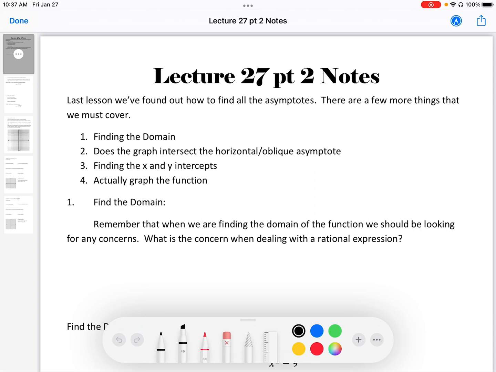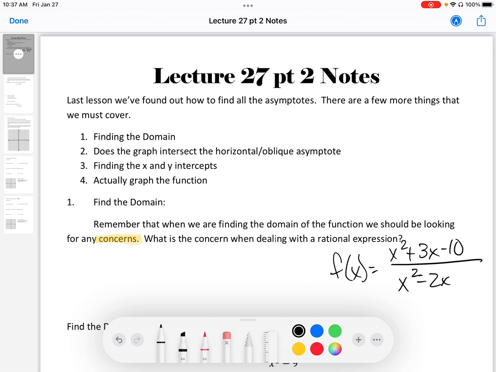Okay, so what do we need to remember about finding the domain? Well, when we're finding the domain, we should be looking for any concerns. So what is our concern when I am dealing with a rational expression? So f of x equals x squared plus 3x minus 10 over x squared minus 2x minus 8.